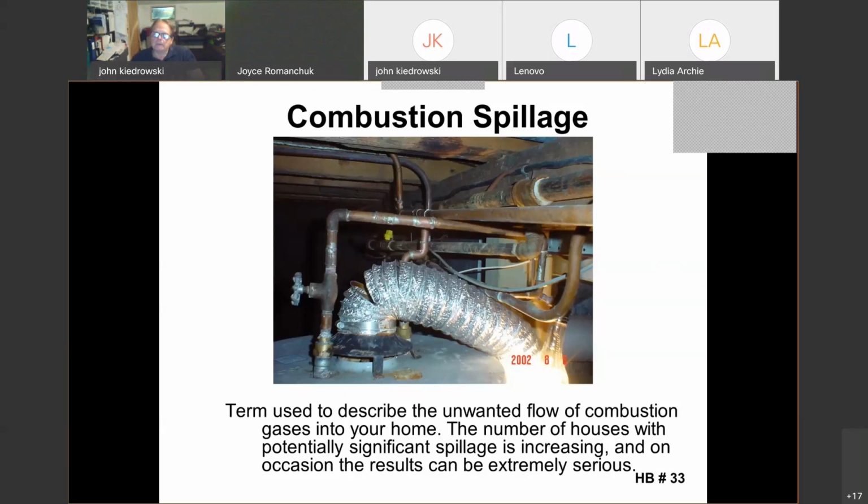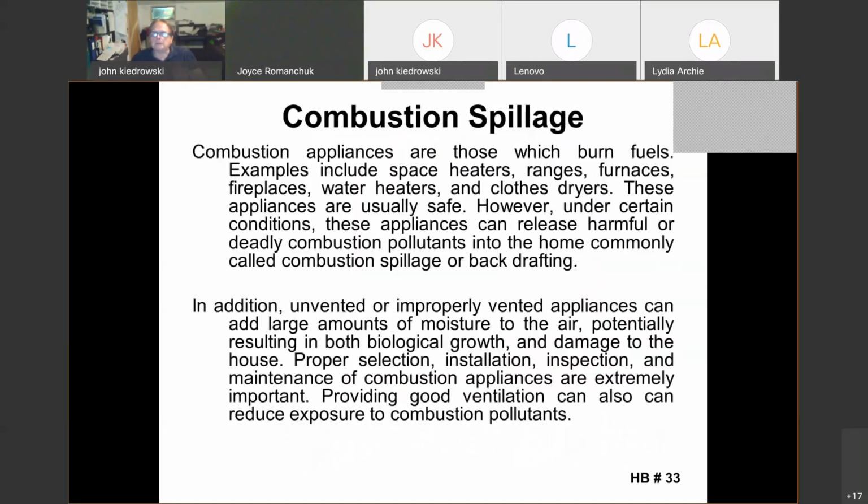So again, a crawl space, not a good condition. So, combustion spillage. Well, again, I will let you read this. So we're concerned with appliances that burn fuels.